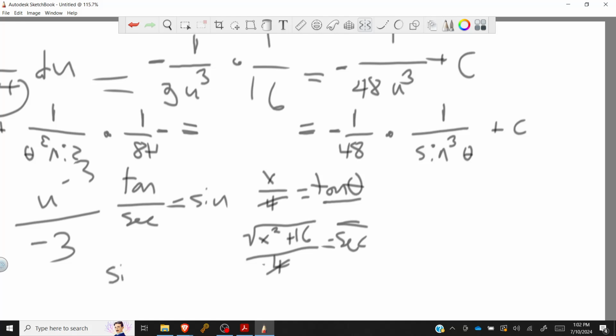So we have sine equal to x over square root x squared plus 16. And sine cubed is going to be that whole quantity cubed. So now let's plug it into there.